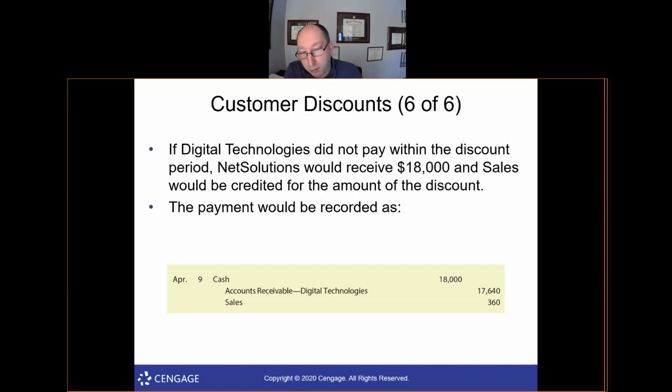Because remember, we originally sold it to them for $17,640 because they said, hey, I'm going to pay you early. But they decided not to, so we had to make that adjustment. So we increased our sales by that $360 in order to reflect that discount amount that the customer did not take.